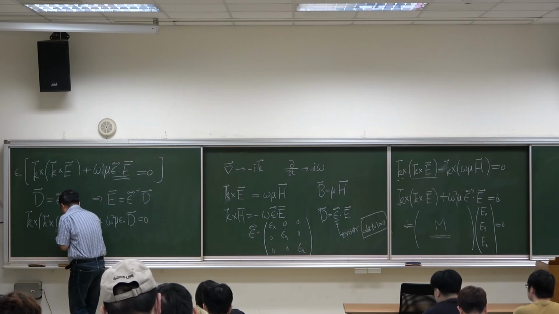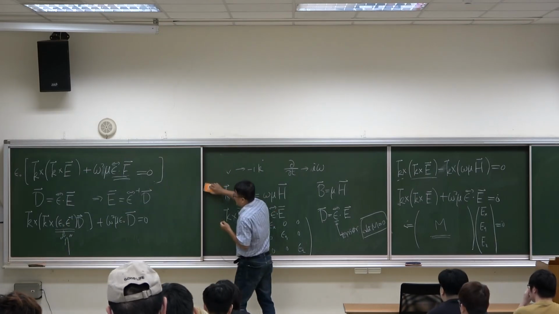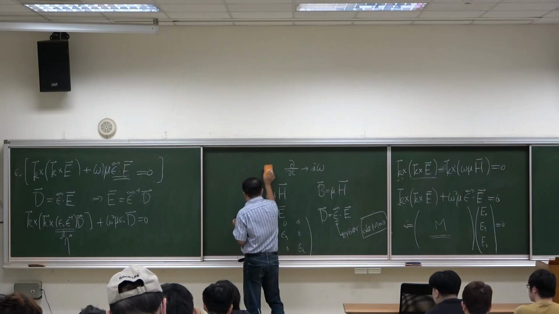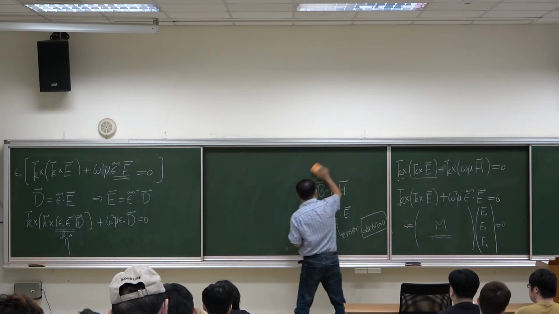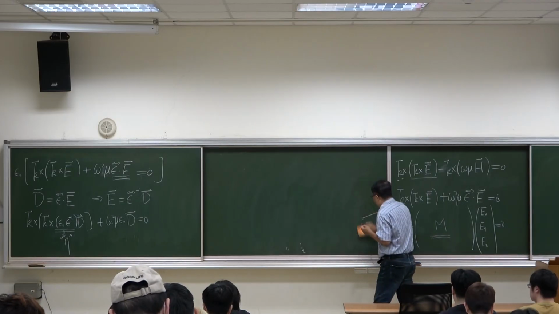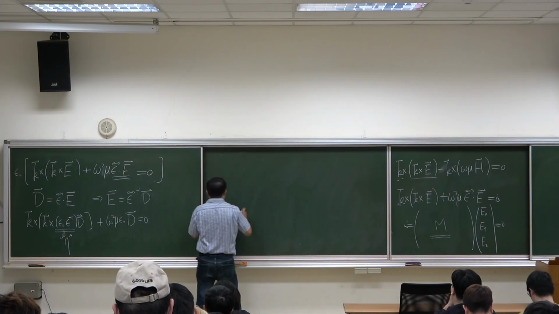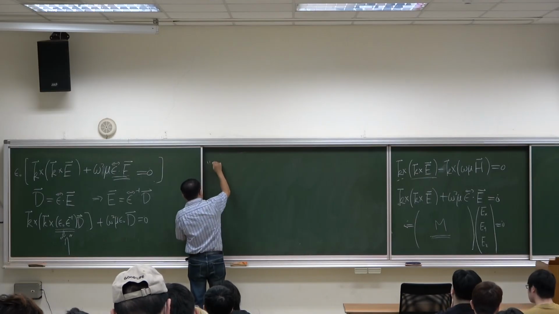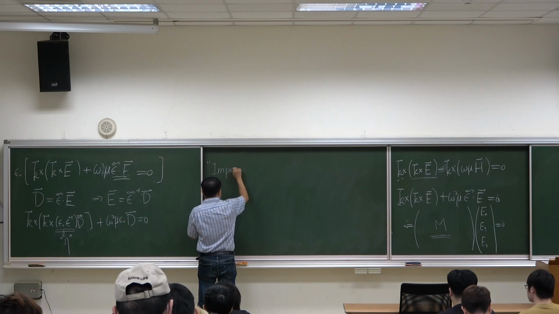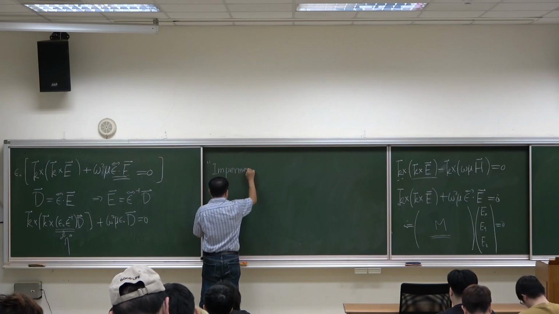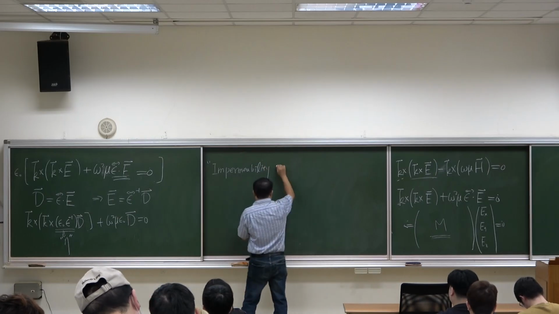We denote this as eta. Now we define the so-called impermeability tensor.